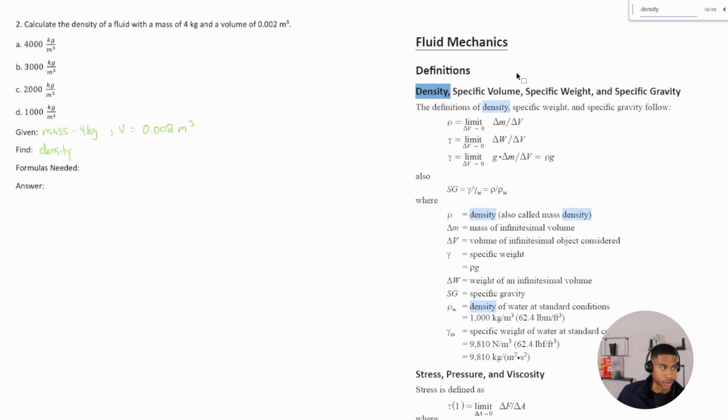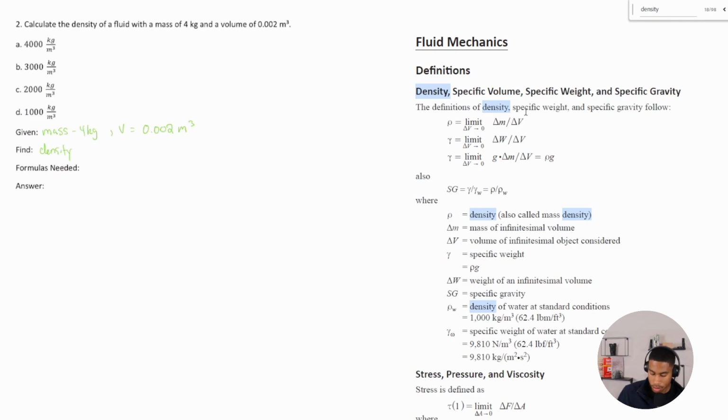So as we're going through different problems, density would be looking at density from a fluid mechanics perspective. All right, so it says density is equal to the change in mass divided by the change in volume.